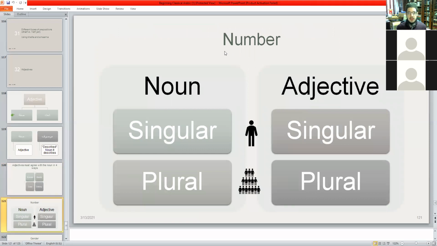So let's look here. We have number. How does it agree in number? If the noun is singular, then the adjective it's describing also has to be singular. If the noun is plural, then the adjective also has to be plural.